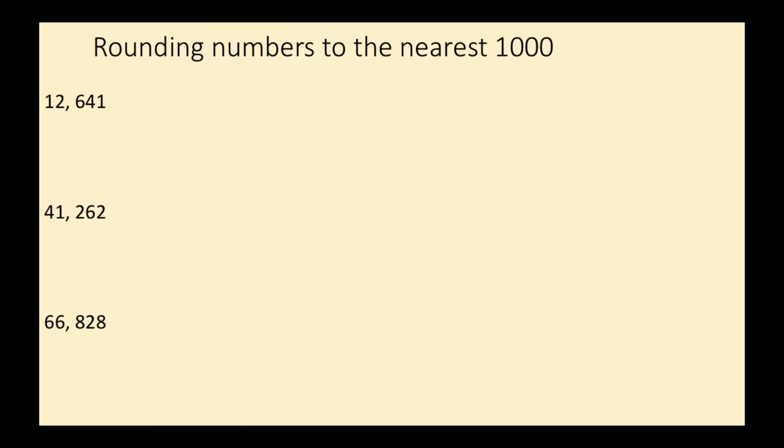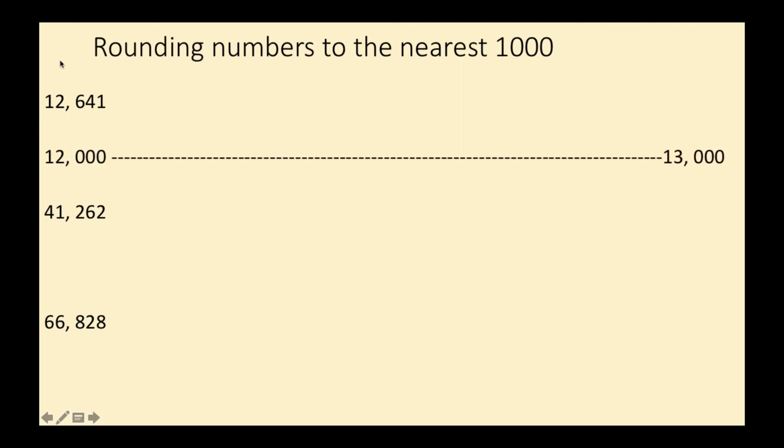Now we're rounding this to the nearest 1,000, not the nearest 10,000. So we're still looking at this 2,000, 1,000, 6,000 numbers. We're not looking at the tens, which are the 12, 40 and 60, or the 10, sorry. So that must be between 12,000 and 13,000. Well, it's 12,641, so it's obviously closer to 13,000.